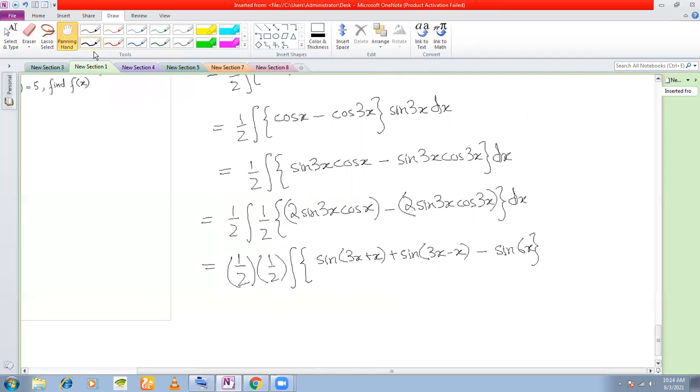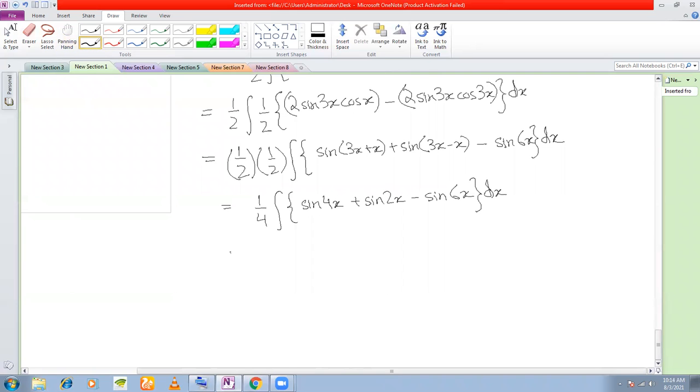All this integrated with respect to x. So we have 1/4 integral sine 4x plus sine 2x minus sine 6x dx.